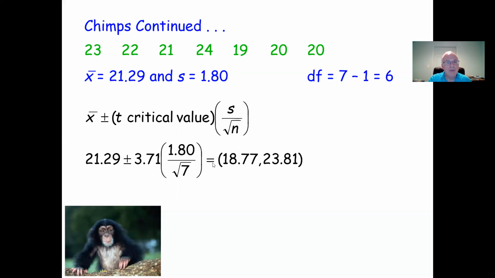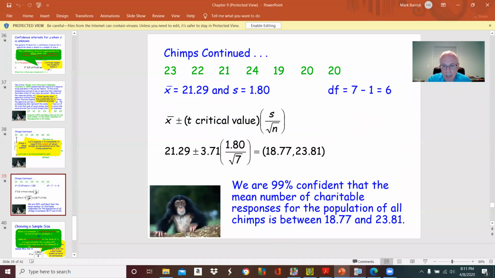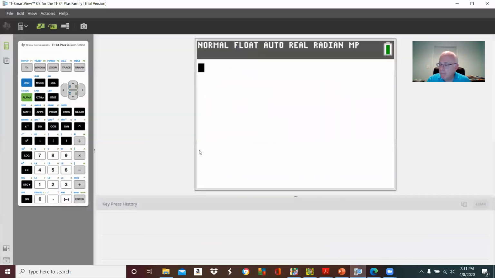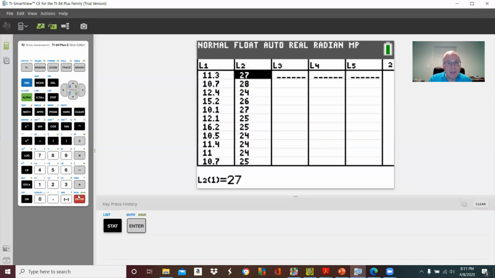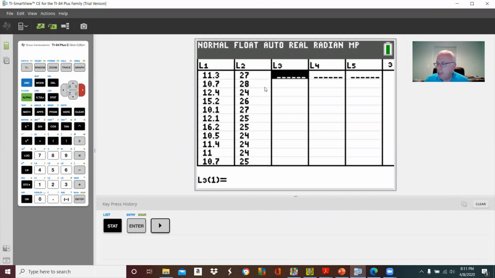Let's do that first. We'll go to our calculator. The first thing I'm going to do is go to stat and hit enter. I notice that L1 and L2 are already taken, so I'm going to scroll over to L3. You can do the same while we're doing this.